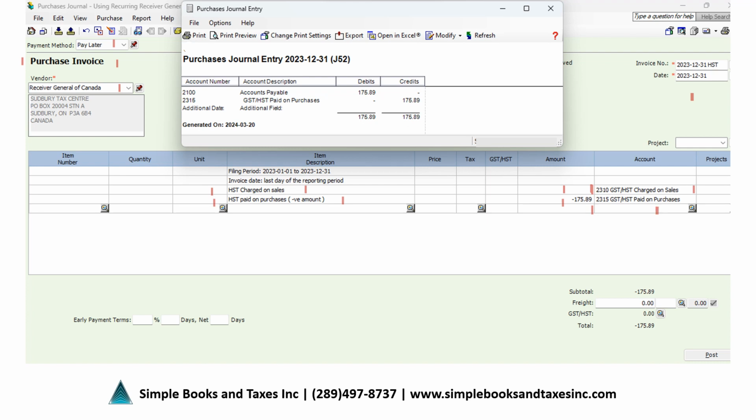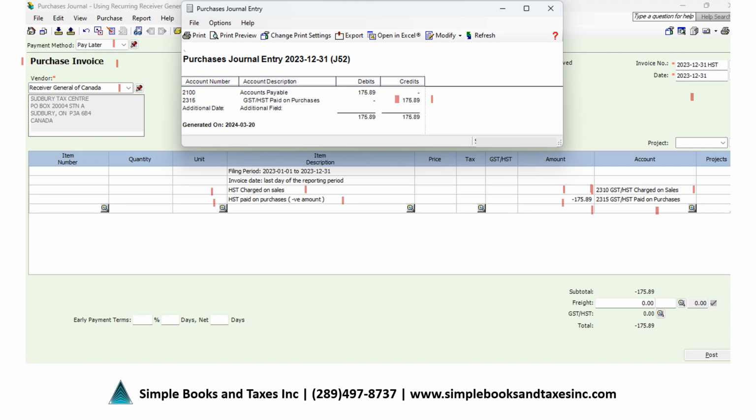As we said, we are closing the HST accounts. So in our example, we are closing the HST paid on purchases account, which is debit by nature, so it has to be credit in the journal entry.